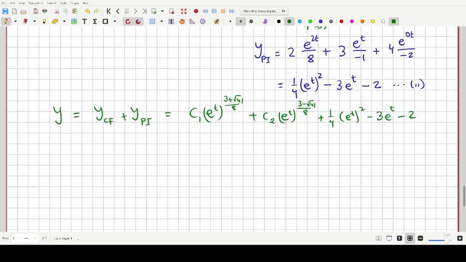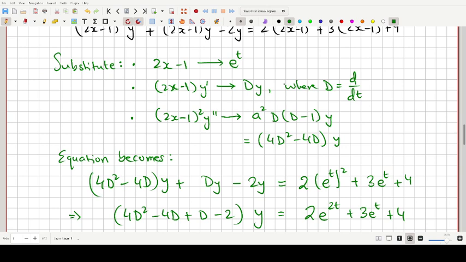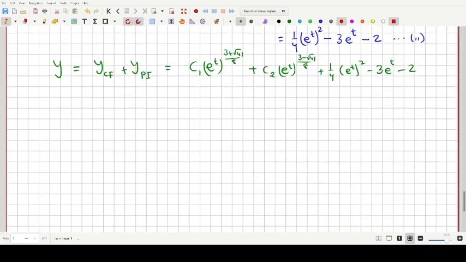Now we know that e^t is 2x − 1, so we substitute the value of e^t as 2x − 1 and see what answer we get.